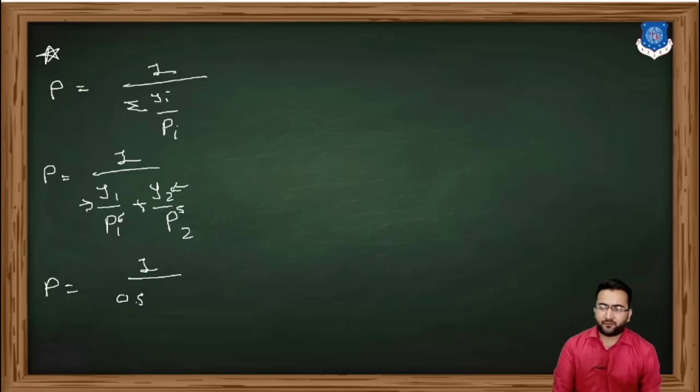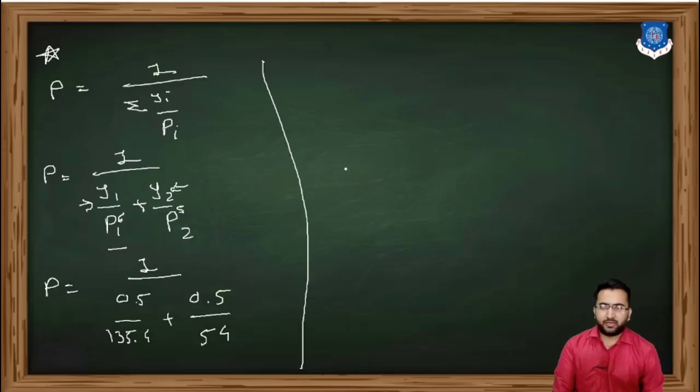So let's write 0.5 upon P1 saturated, which is 135.4, plus 0.5 upon P2, which is 54.